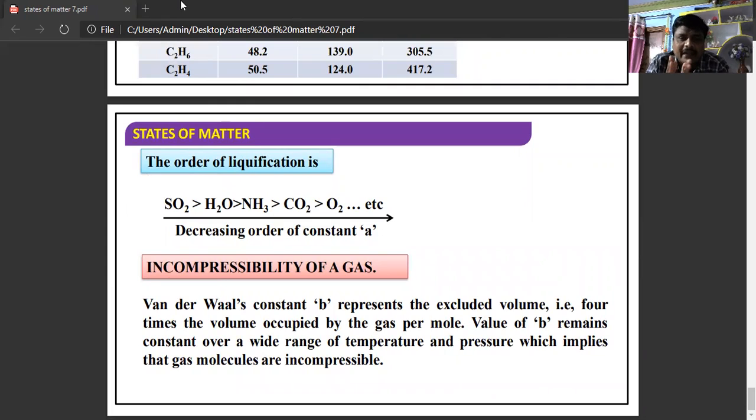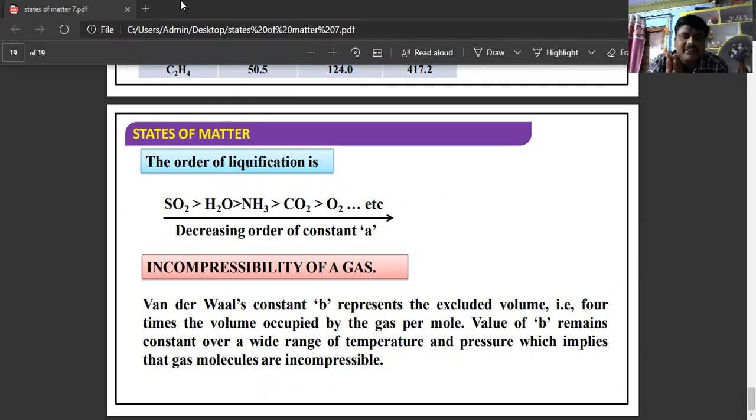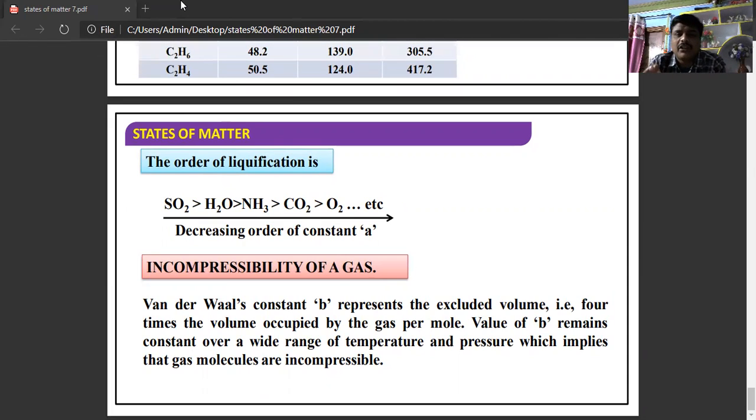The b represents the excluded volume, which is 4 times the volume occupied by the gas molecules. The value of b remains constant over a wide range of temperature and pressure, which indicates that the gas molecules are incompressible. With that, I will conclude the session. In the next class, we will discuss the remaining topics.